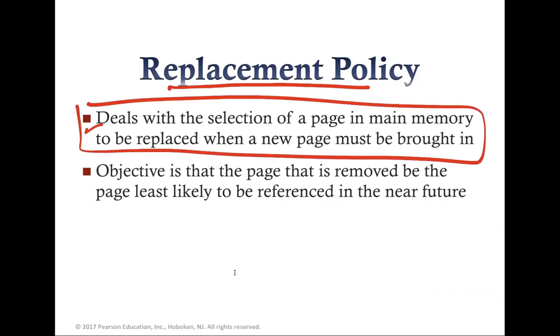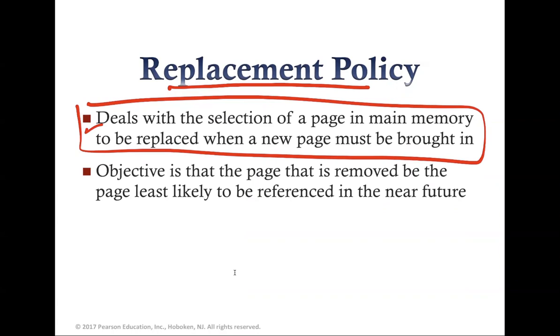The area of replacement policy is probably the most studied area of memory management. When all of the frames in the main memory are occupied, it is necessary to bring in a new page to satisfy a given page fault. The replacement policy determines which page currently in memory is to be replaced.